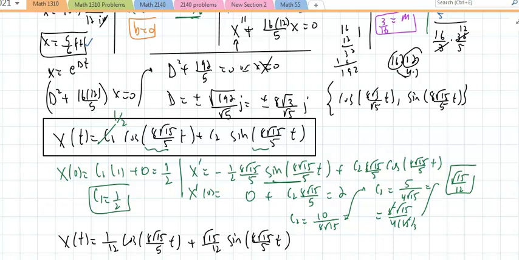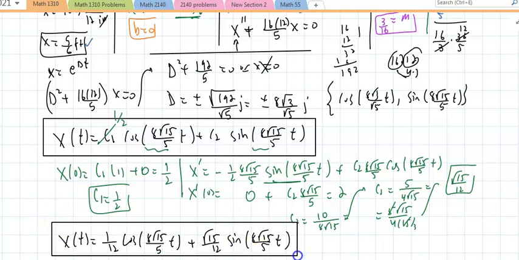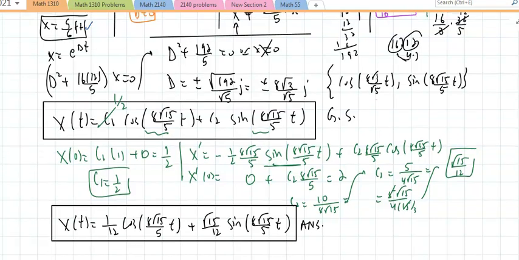And that would be my final answer. Remember, the earlier one is a general solution, and this is a particular solution, so let's say the explicit solution. So that is the answer.